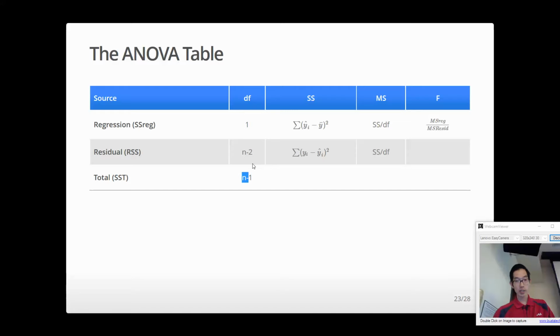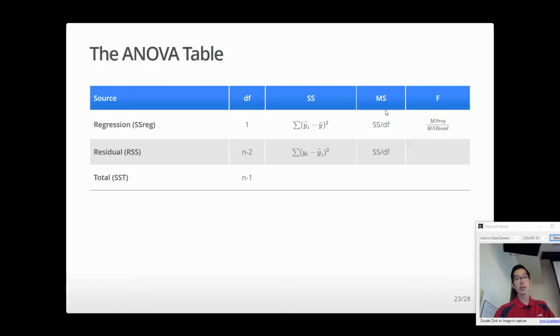We got 1 degree of freedom associated with the regression, and then n-2 associated with the residuals for a total of n-1 degrees of freedom. The sum of squares comes from the previous page, which shows up here.